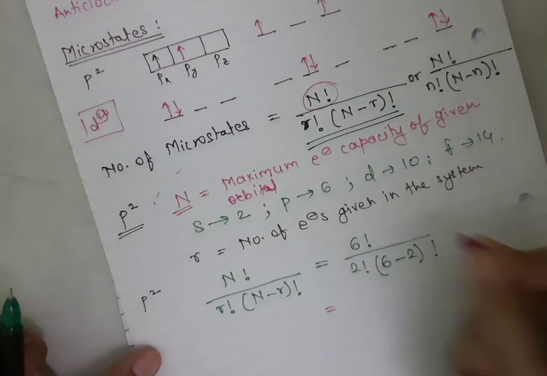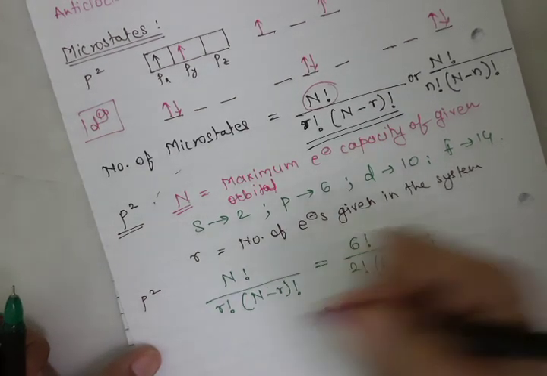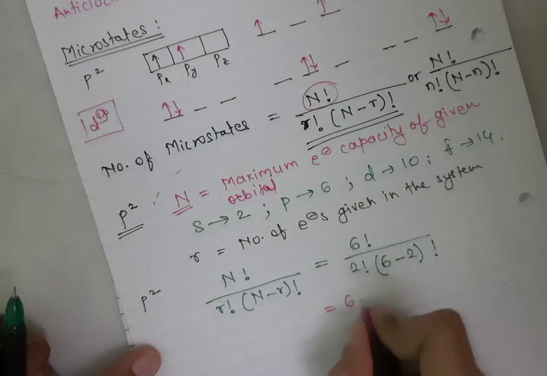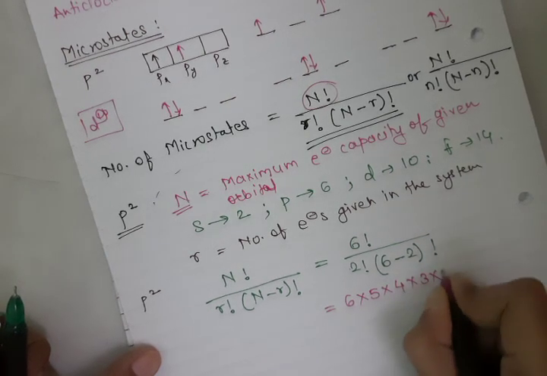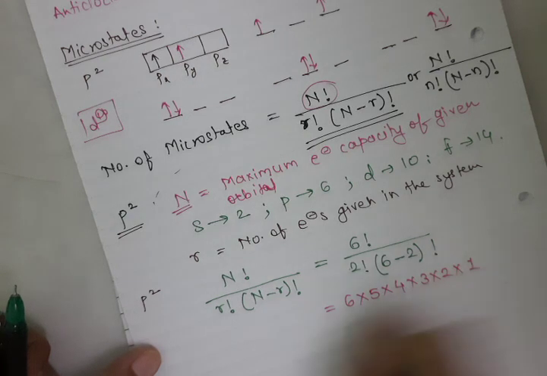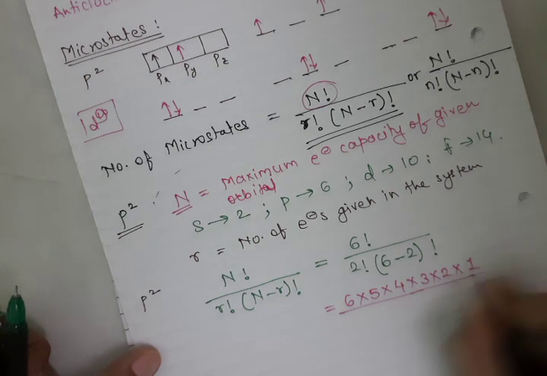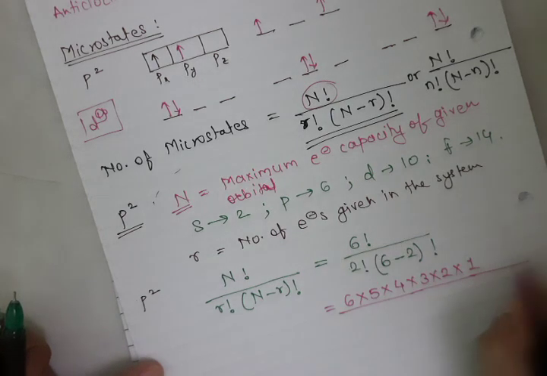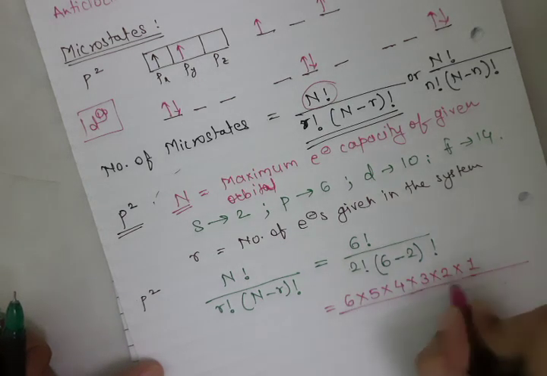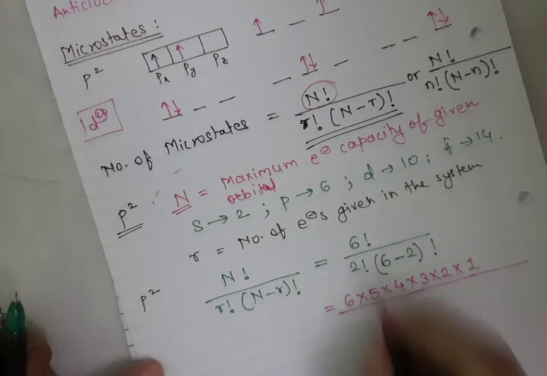What is factorial? You have to just reverse up to 1. 6 into 5 into 4 into 3 into 2 into 1. This is called factorization. We will not go into the details of factorization. You will just see how to do this. 6 into 5 into 4 into 3 into 2 into 1. Okay.